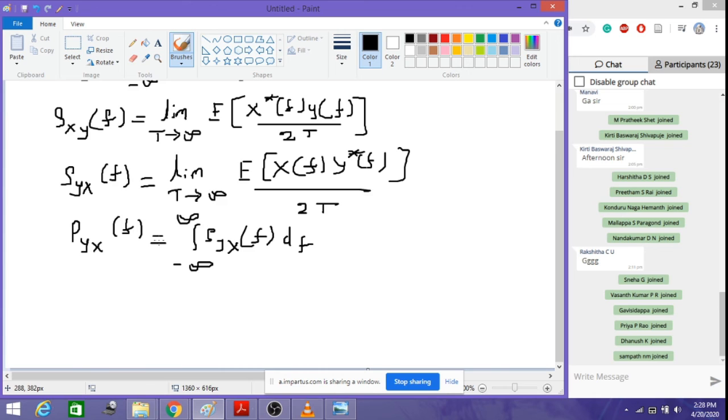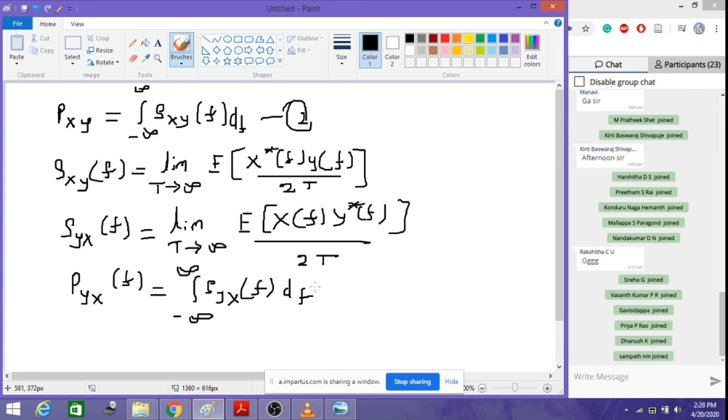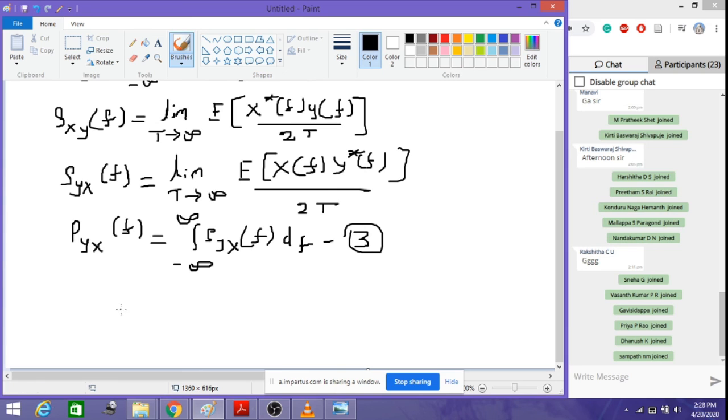So by comparing equation 3 with equation 2, we can write this in terms of the power spectral density, that is Sxy of f is equal to Syx of f in terms of conjugate. It means it's a complex conjugate to each other.